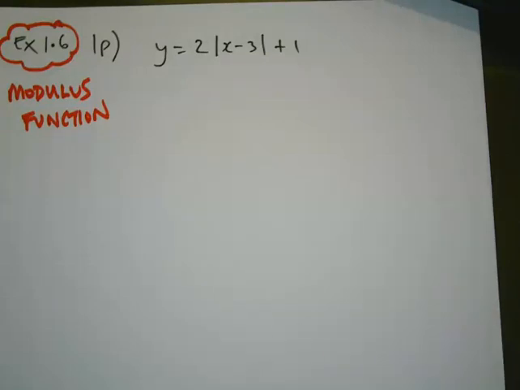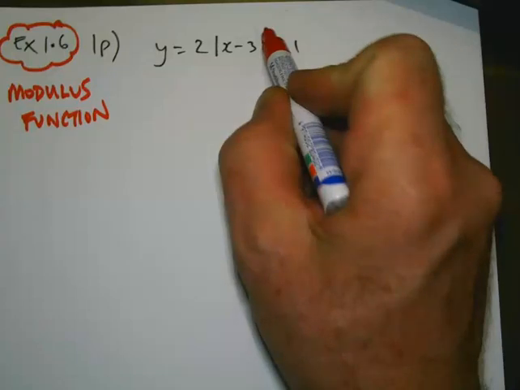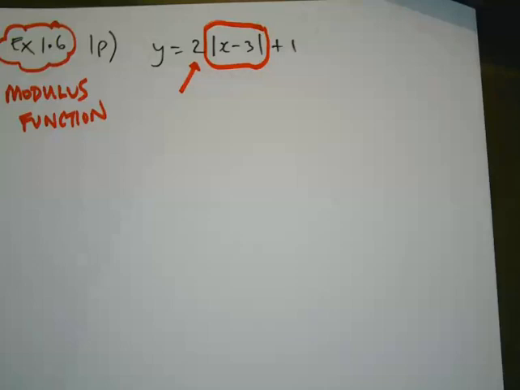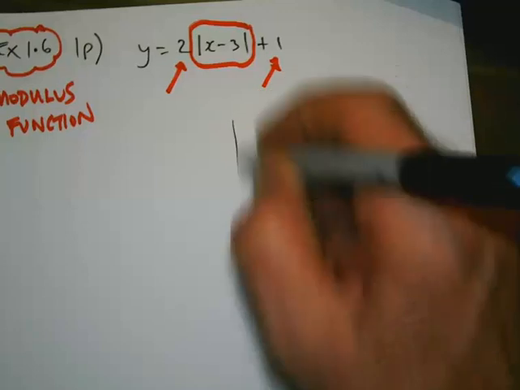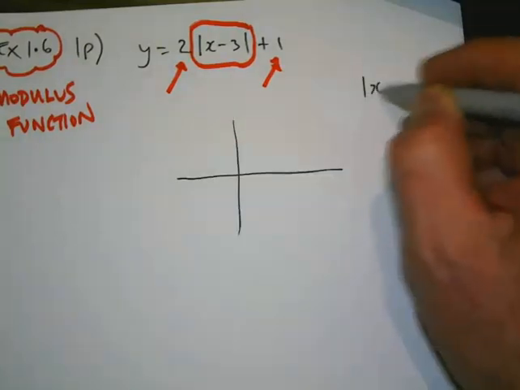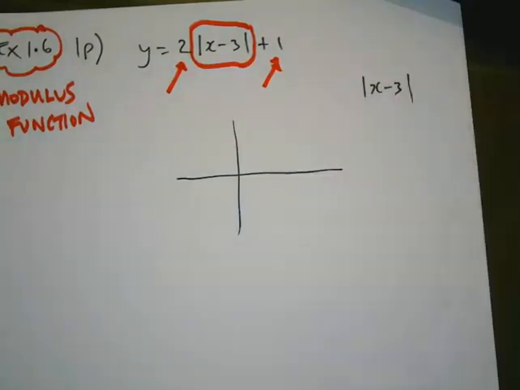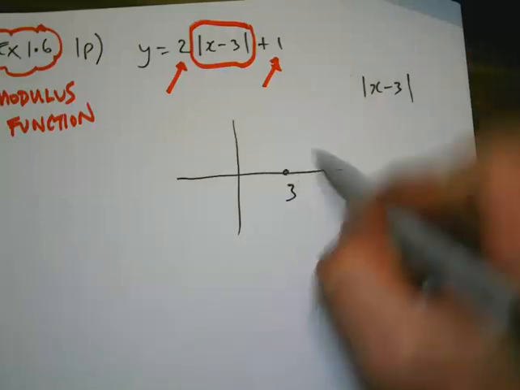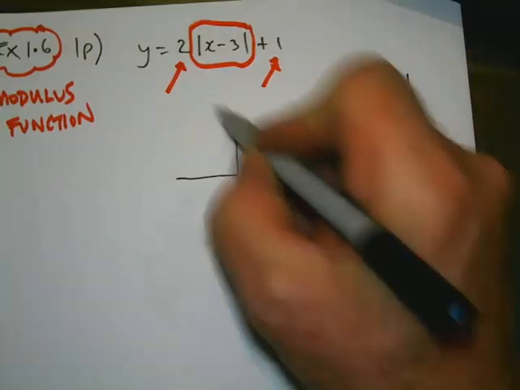Now, I can see that I really have this modulus, which has been dilated by a factor of 2, then it's been moved up by 1. So in some respects, the modulus of x minus 3 is the modulus of x that's been moved over to here at 3, and it would go through at 3.